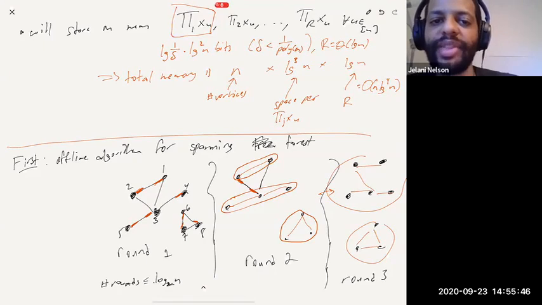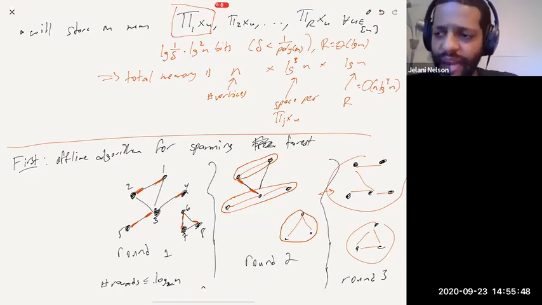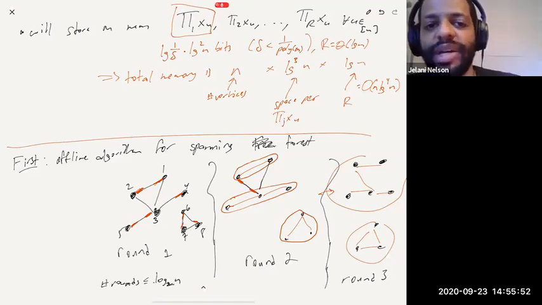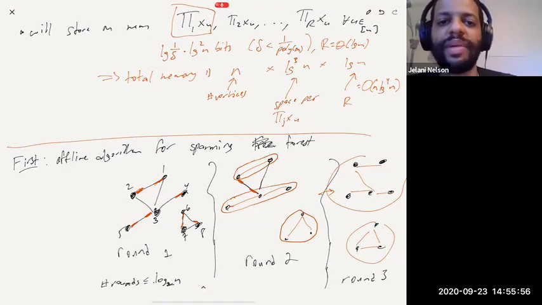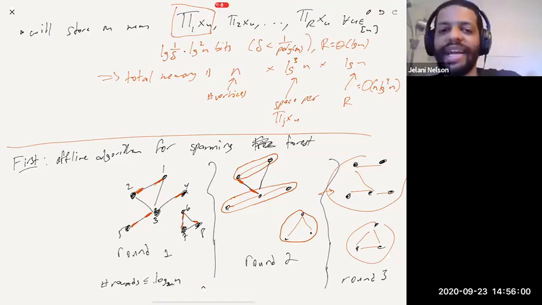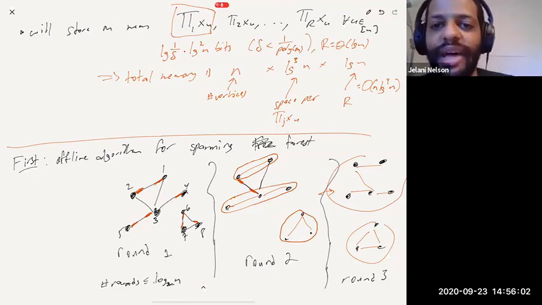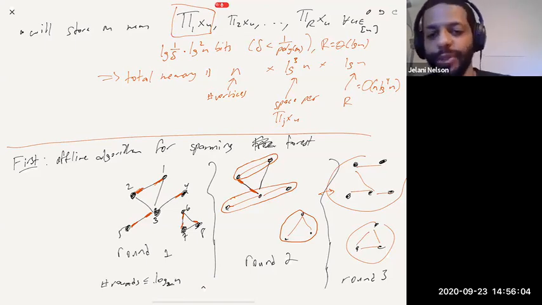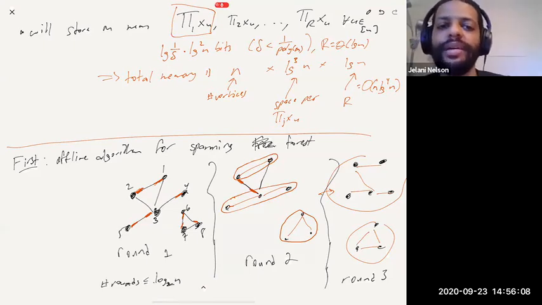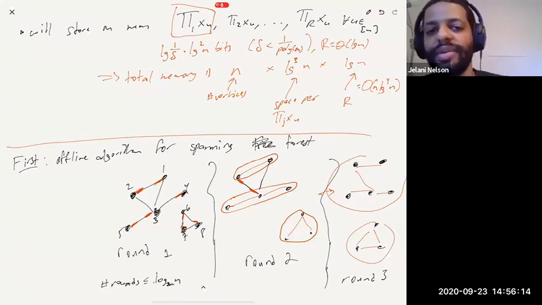And likewise, pi 3 x3 and pi 3 x5, pi 4 x3 and pi 4 x5. Basically, in all the future rounds, I'll just make sure to add the sketches of those vectors together. And then in round two, I'll query to figure out which edges to merge using pi 2. And then in round 3, I'll use pi 3, etc.